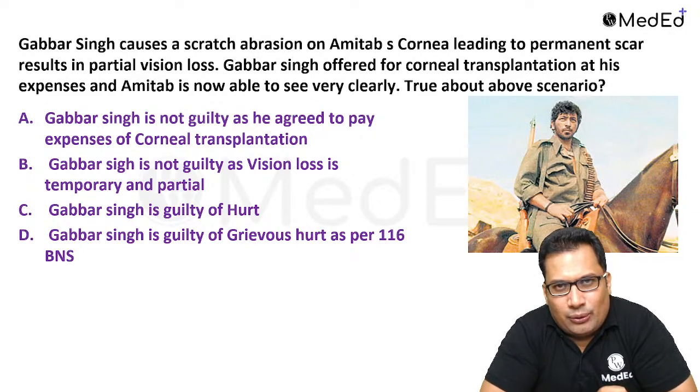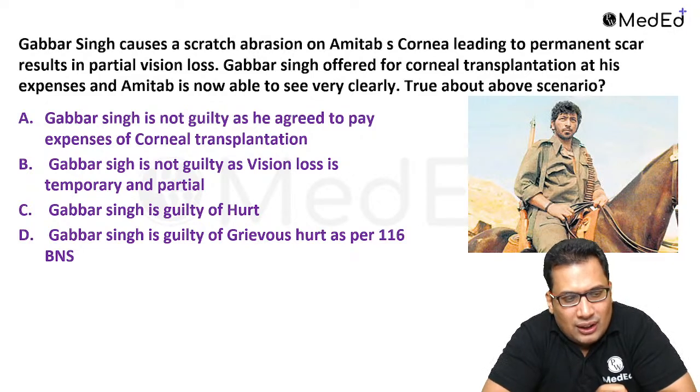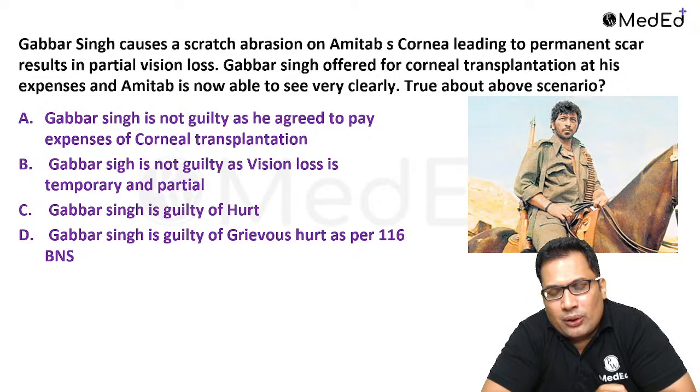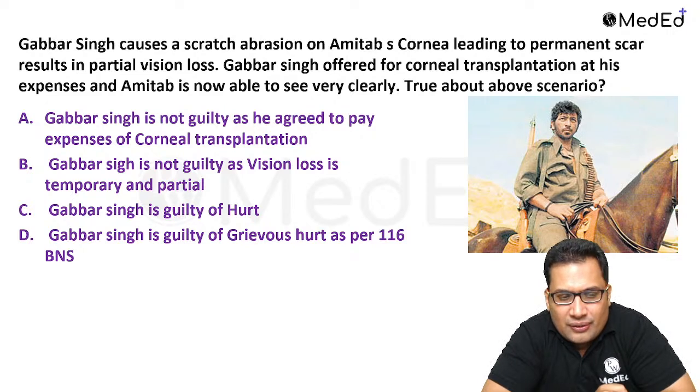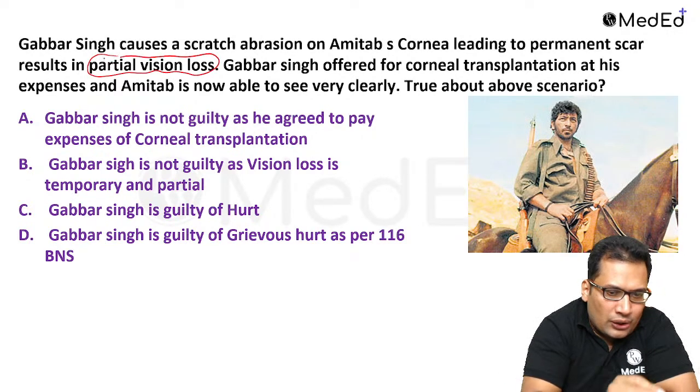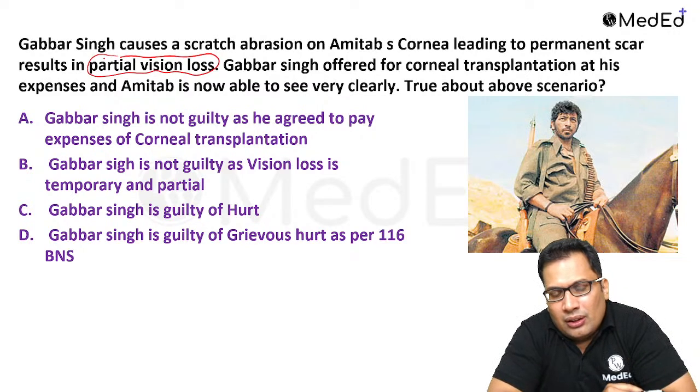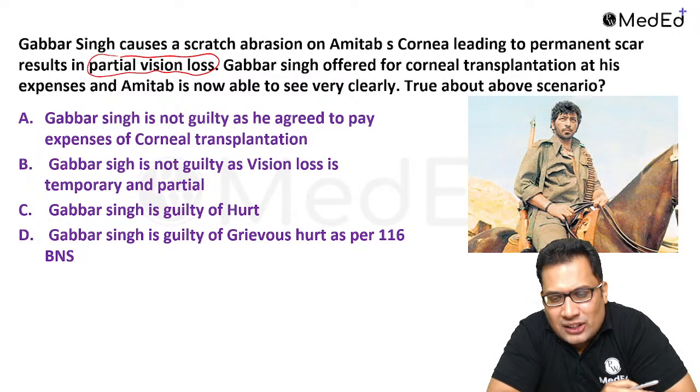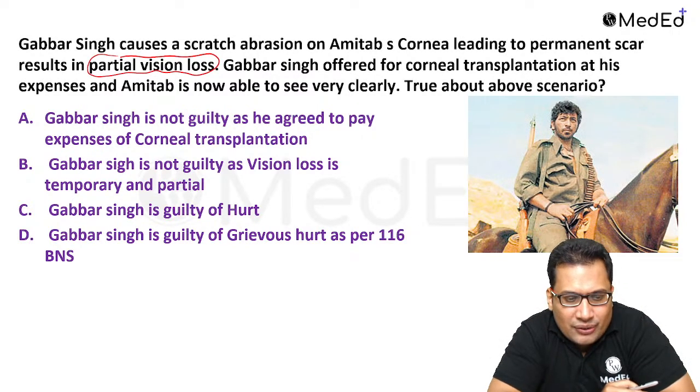So there is a funny question, guys. Gabbar Singh causes a scratch abrasion of Amitabh's cornea, leading to a permanent scar and resulting in partial vision loss. So there is a partial vision loss because of the assault. The accused offered corneal transplantation at his expense.